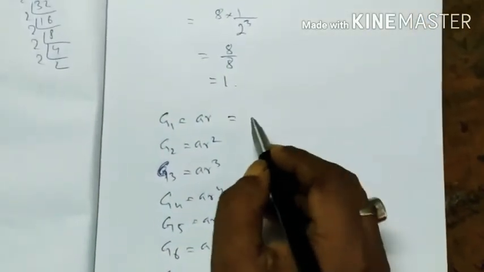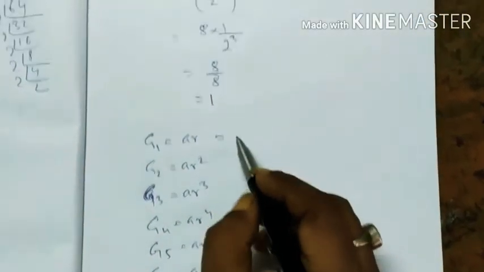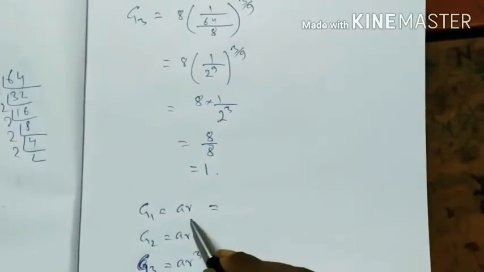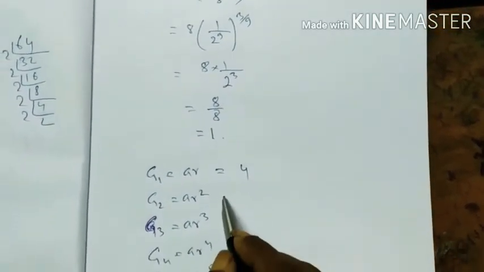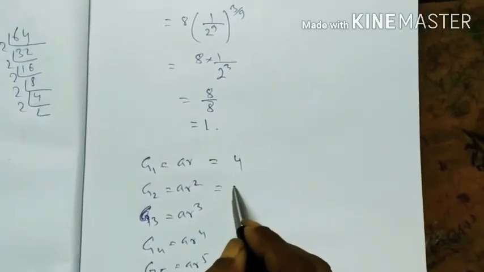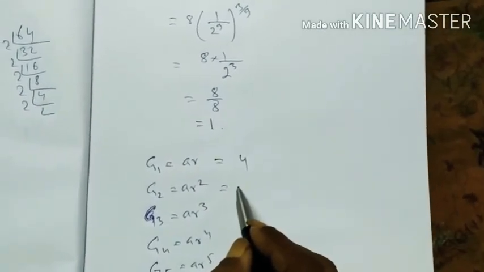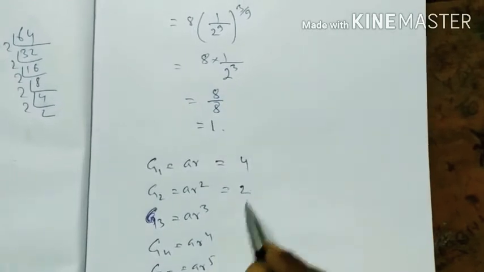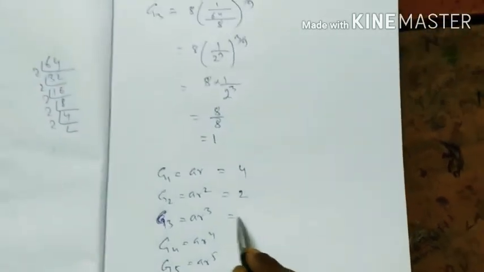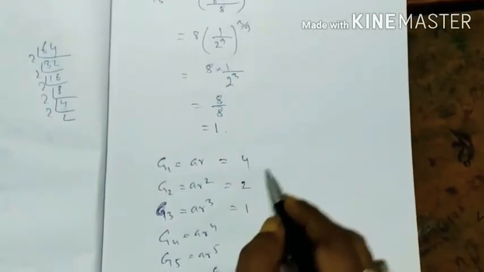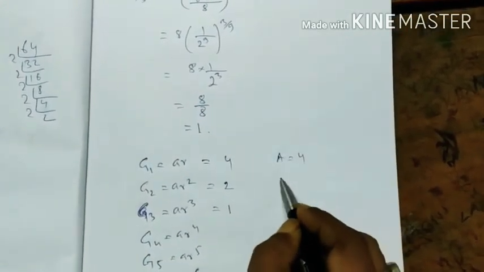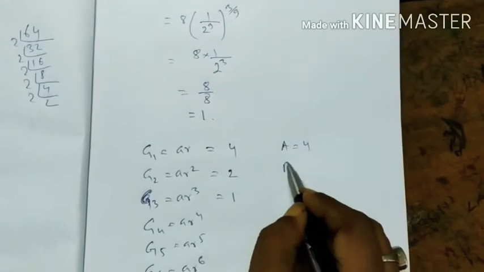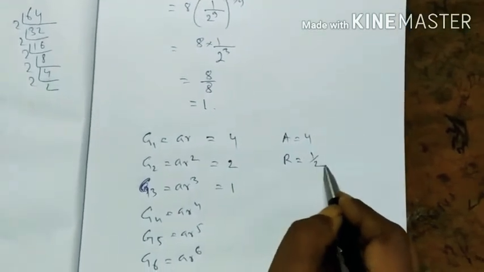So I can write here: G1 is 4, G2 is 2, and G3 is 1. So here your A will be 4, and the common ratio will be 1 by 2.